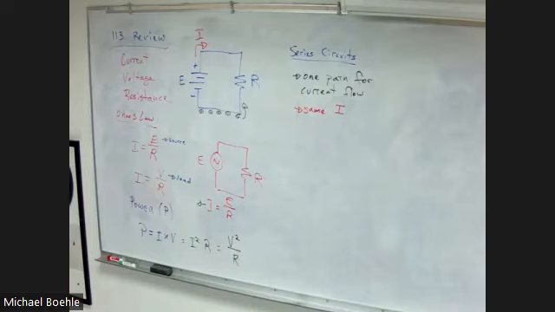If I have series components, and there's a voltage applied across all of them, it drops. It gets divided, distributed among the different components. The same thing happens if it's AC, or a capacitor, or an inductor.